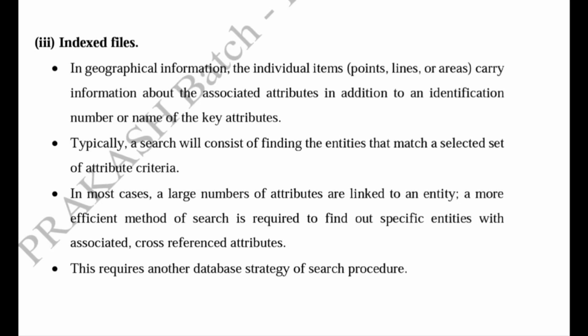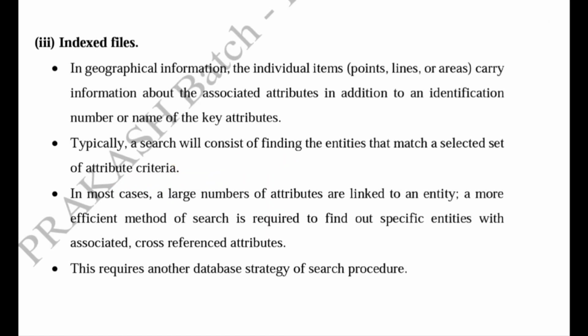On the basis of the attribute or key, the selected item can be easily searched out or found. So in an indexed file, a search will consist of finding the entity that matches a selected set of attribute criteria, meaning we know what we are searching for. We search by that attribute, and the unique ID helps us easily find the searched item.